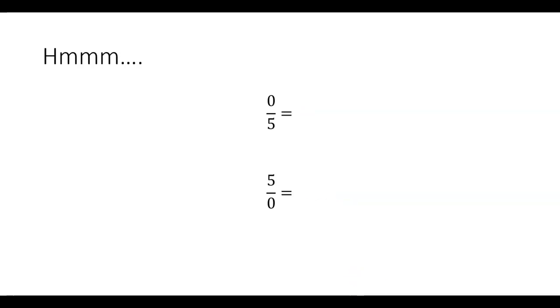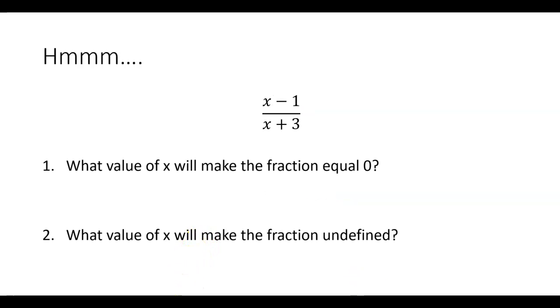Okay? So, let's look at a rational expression. What number can I plug into the top here that will make this entire fraction equal 0? Well, as we said on the last slide, the thing that will make the entire fraction equal 0 is if the top equals 0. So if the top, which is x minus 1, equals 0, that means that when x equals 1, the function equals 0.